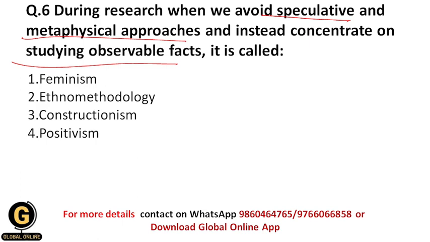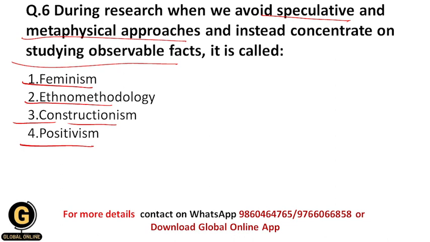So during research, when we avoid intuitive approaches, that is, approaches which are based on our intuitions or on things we have heard, and instead we concentrate on studying observable facts, what do we call it? Whether it is called feminism, or ethnomethodology, or constructionism, or positivism.